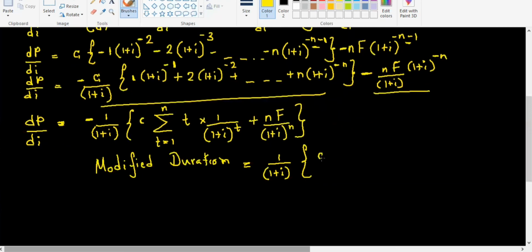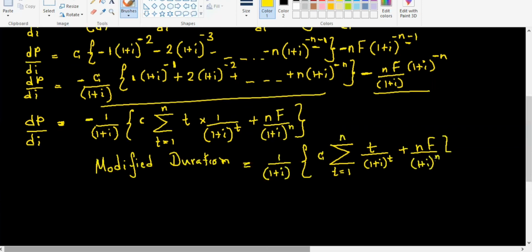I'm taking the coupon payment out here, C, sigma t starting from 1 to n, t divided by 1 plus i to the power t, and we can add this part also, n multiplied by f divided by 1 plus i to the power n.